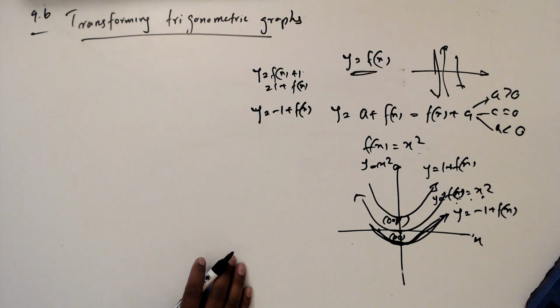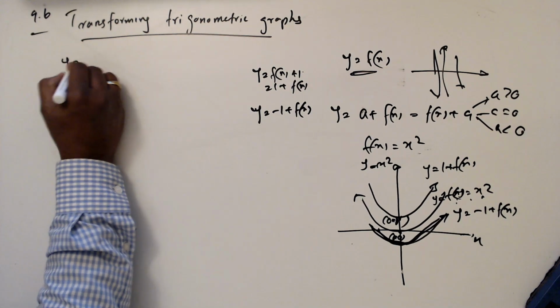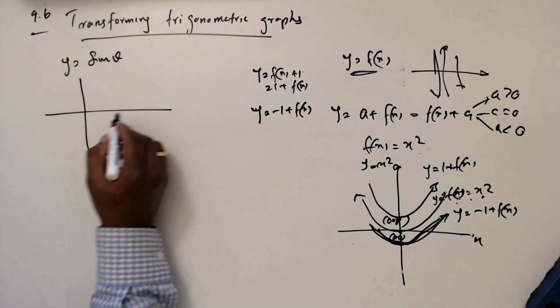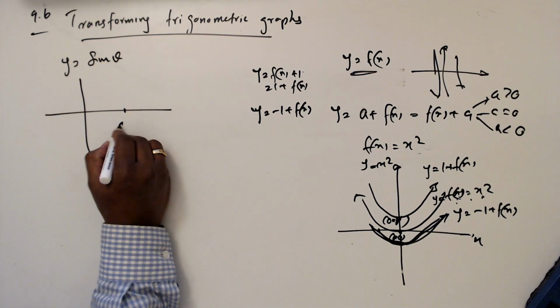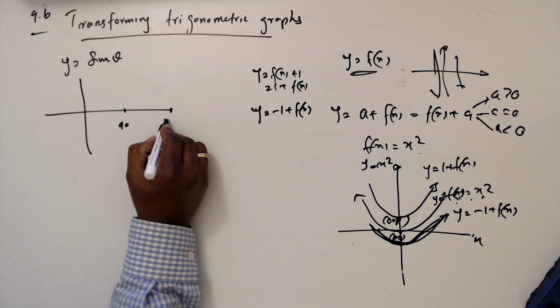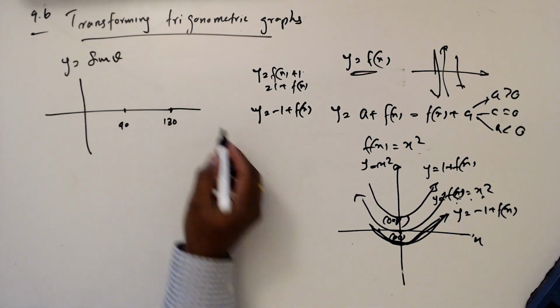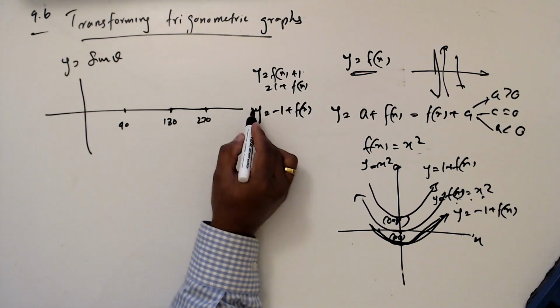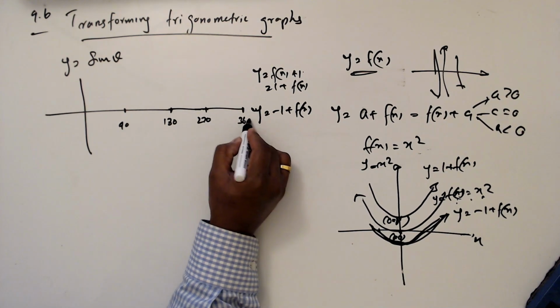In the same way, assume we have the graph y equal sine theta. I draw the graph like this, with 90, 180, 270, 360.